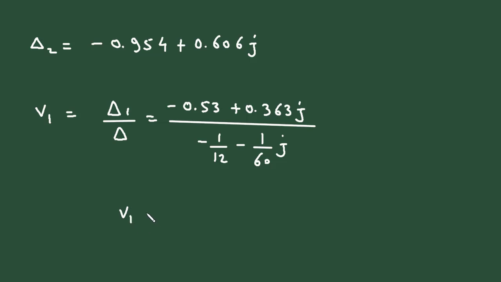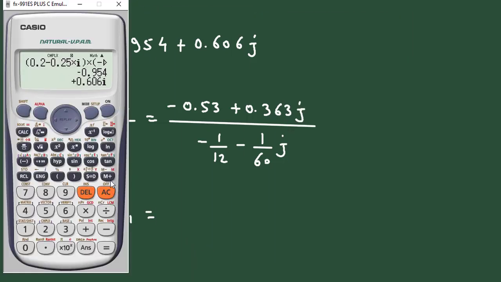So therefore V1 is equal to minus 0.53 plus 0.363j divided by minus 1 upon 12 minus 1 upon 60j. It is equal to 5.27 minus 5.41j.